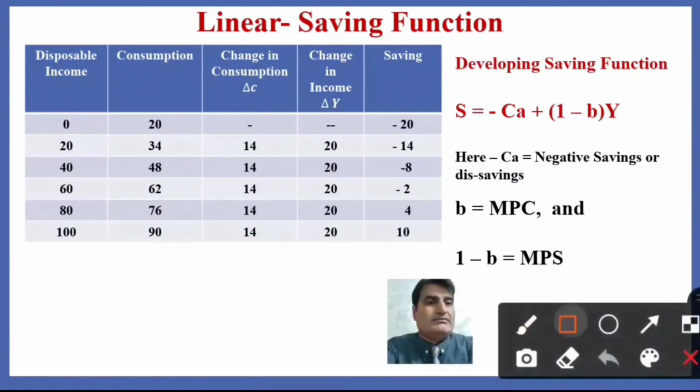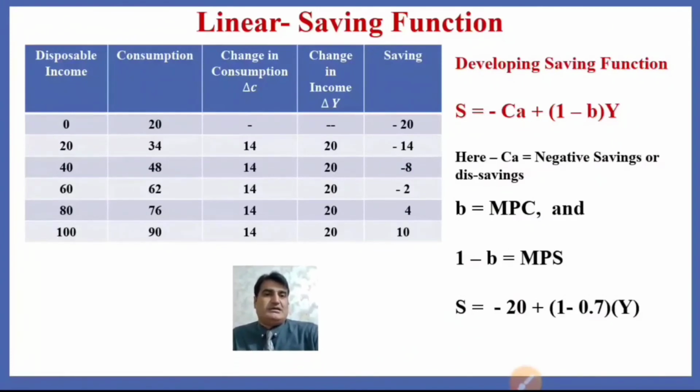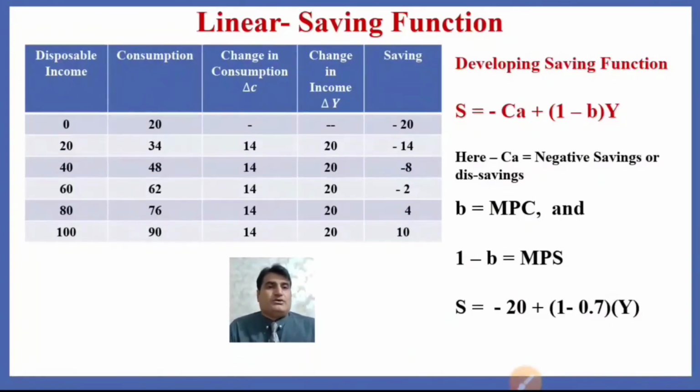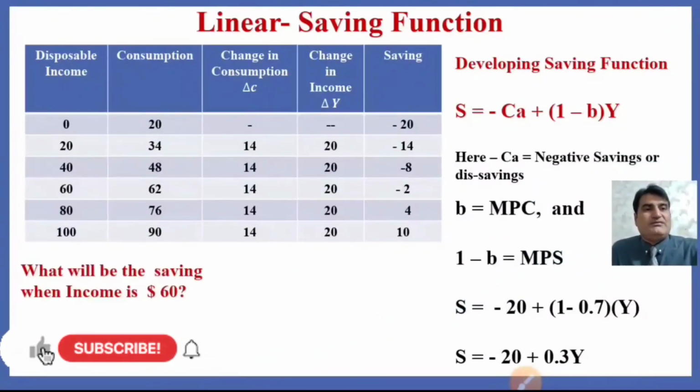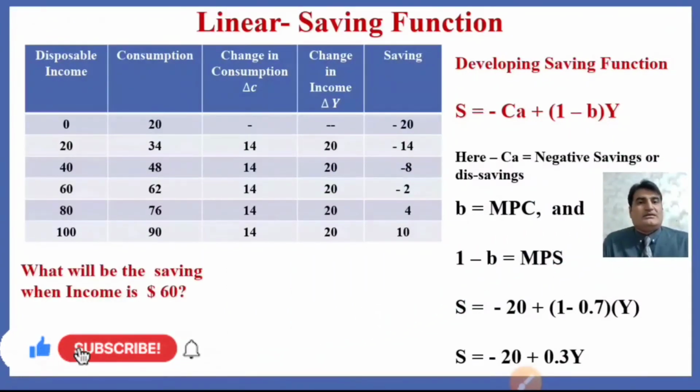Remember that 1 minus beta is equal to the marginal propensity to save, whereas beta is the slope that shows the marginal propensity to consume. Minus 20 is dis-savings when the income is 0. The saving function would be like this: minus 20 plus 0.3y. We can use this saving function to calculate the savings at different levels of income.